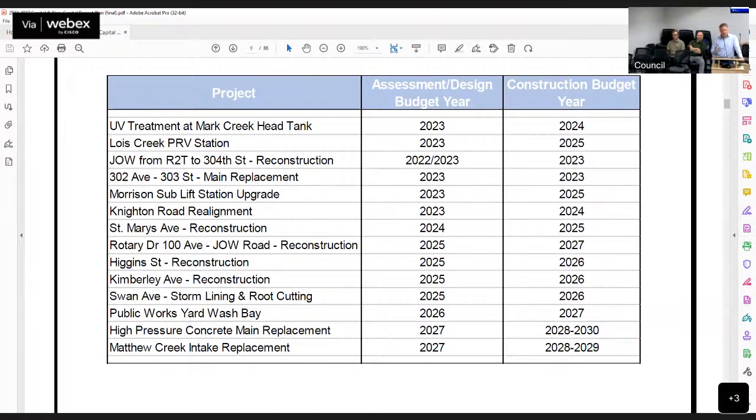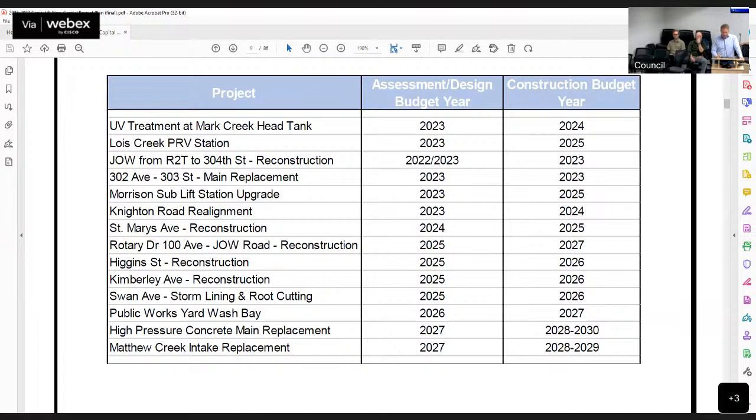When you're doing the design and the construction in the same year, which is the way it had been done previously, you run into trouble where we're having to come back to council for more money to get the project done in that year. Whereas we can get the design done this year, it may change the cost, but we can talk about that in the deliberation of the next year's financial plan.